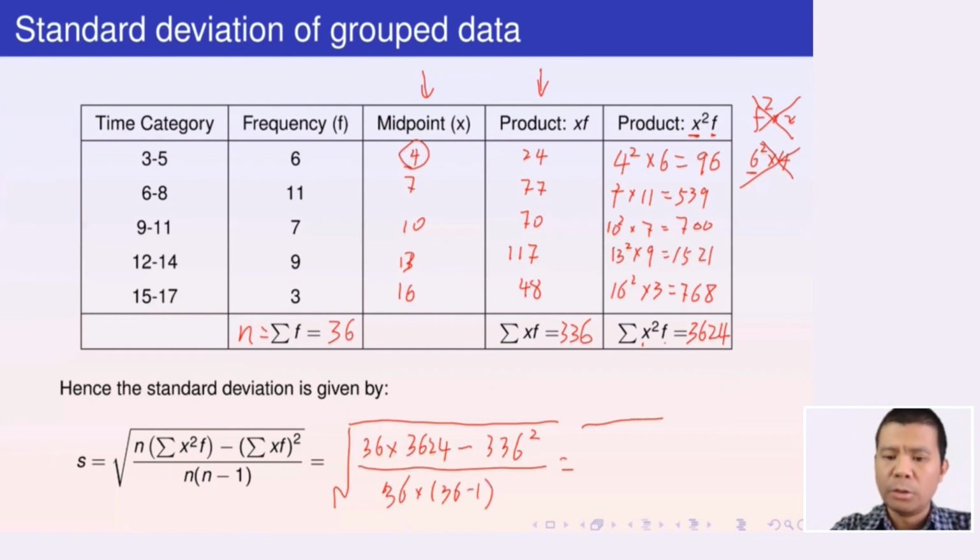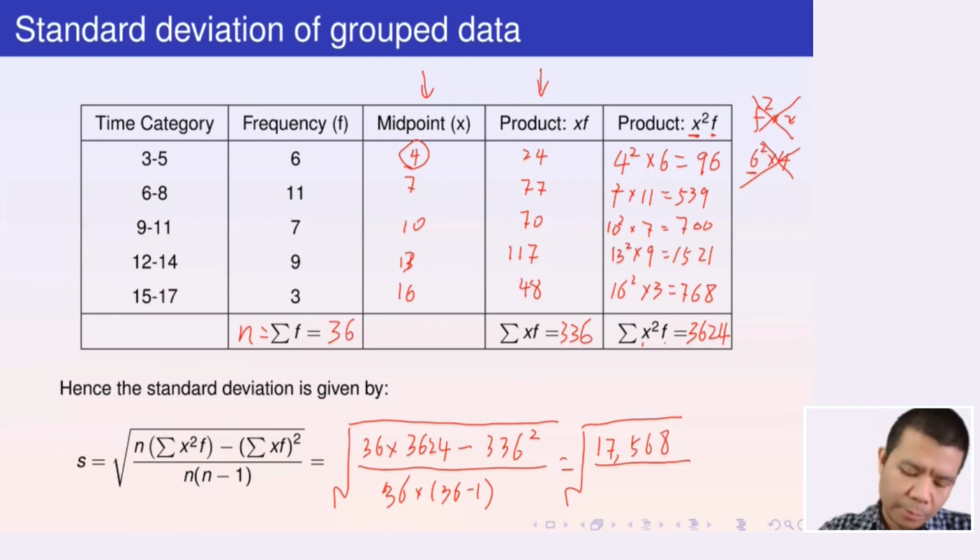Let's check the square on the top. The top is 36 times 3624 minus 336 squared. On the top, I have 17,568.